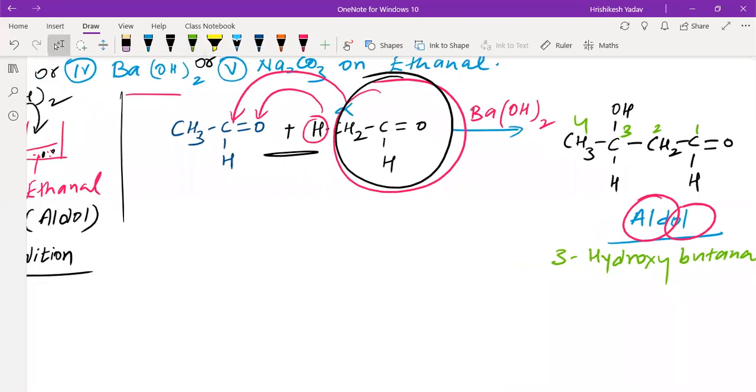But this reaction is not done yet. Further, what happens is, when this aldol is further heated, water molecule is given out.